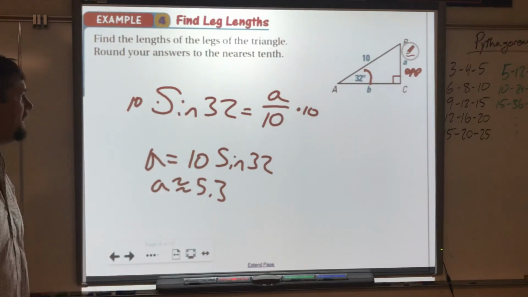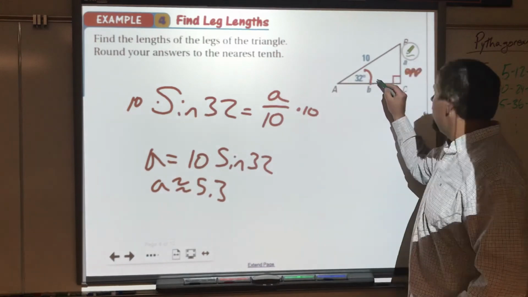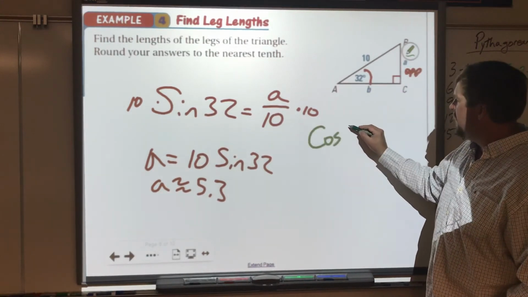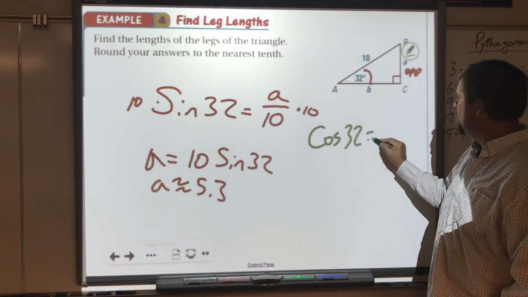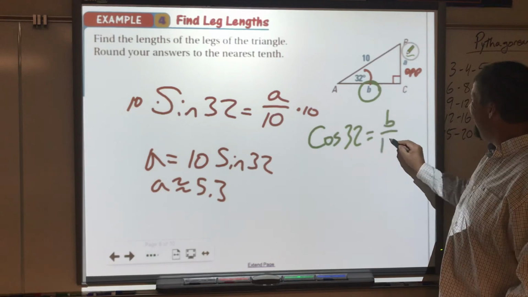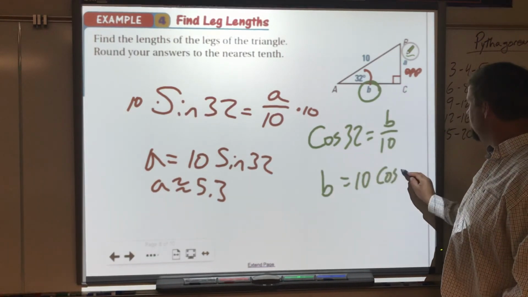Now, if I wanted to find B, I probably would use then the cosine button or function, the cosine of 32, because that involves B over 10. And so B is 10 times the cosine of 32.